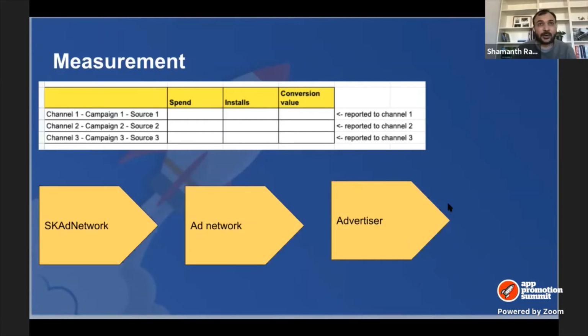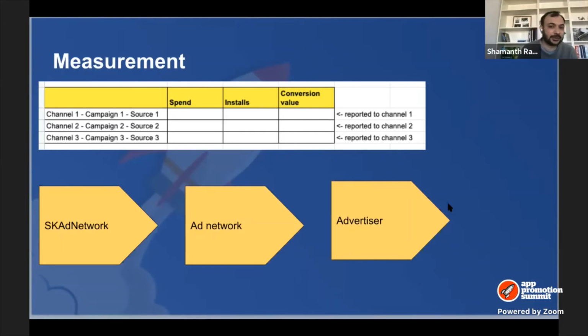So if you are running multiple channels, you might want to use some kind of incrementality testing to make sure the installs you're getting are truly incremental, that the revenue you're getting is truly incremental, because otherwise SKAdNetwork does not always guarantee that.